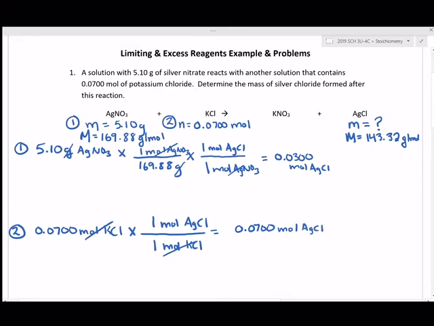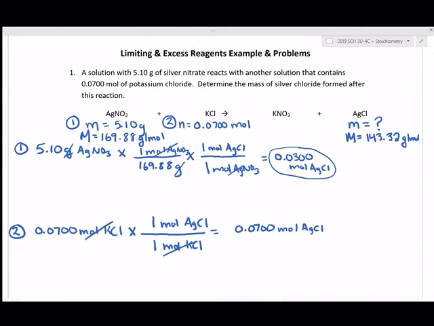Okay, so this is what I want you to really pay attention to: at this point, our one ingredient was going to get us 0.03 moles of silver chloride. The other ingredient had the potential to make 0.07 moles. This guy's going to run out first. So I like to just circle it, not a square, because I've been trying to get you to use squares or rectangles around your final answers.